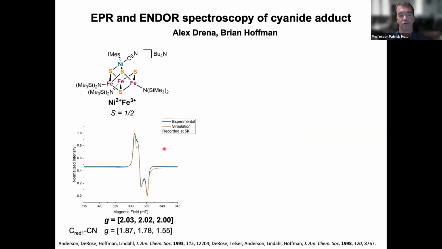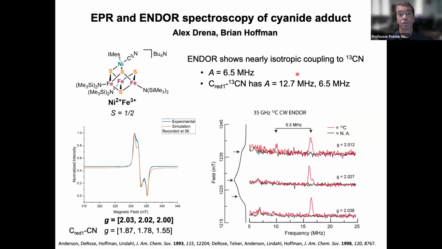Then more recently, we've been studying this by ENDOR spectroscopy in collaboration with Alex Drena, who is working in Brian Hoffman's group. And we see ENDOR spectra of this, where we see a very clear signal for C13 labeled cyanide that matches up very well with the enzyme as well.